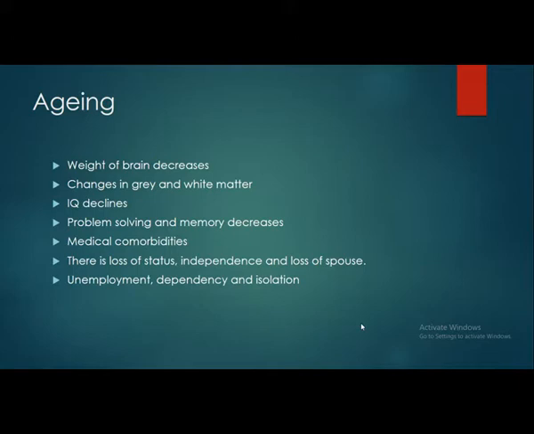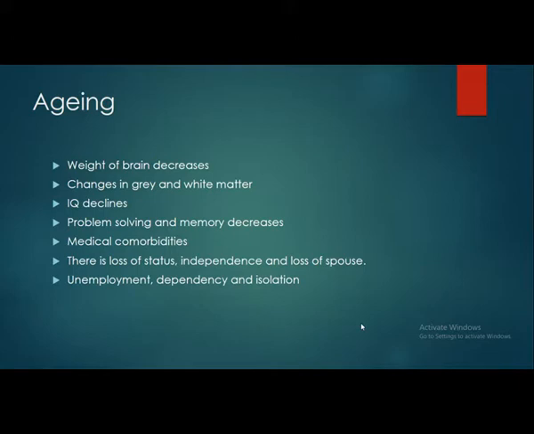There is the loss of status. A person who has status during his young and adult life, in old age, there is this loss of status, and the person becomes dependent. Independence is lost. He is dependent on others, on caregivers.